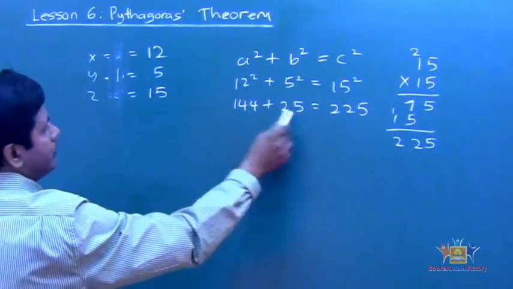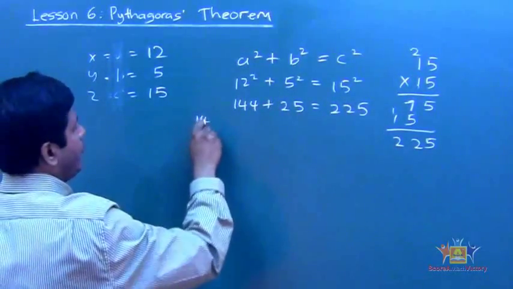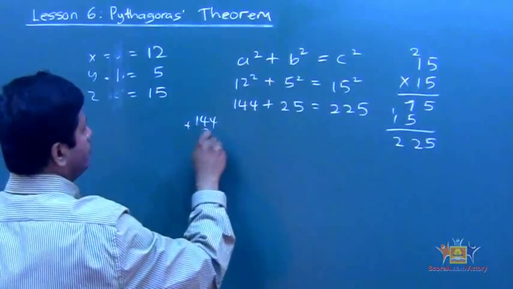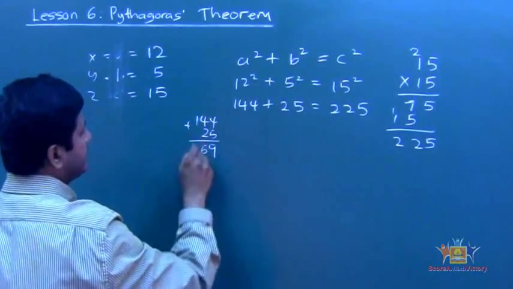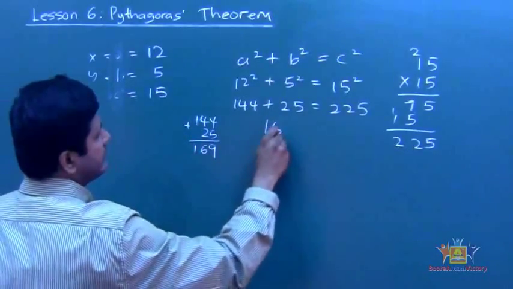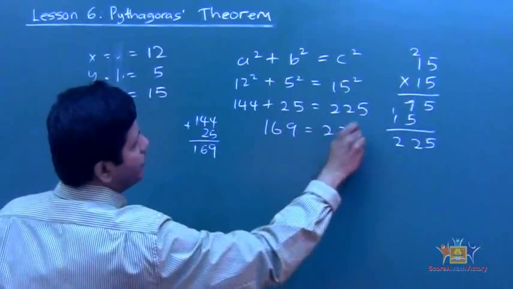Now let's add these two. 144 plus 25: 4 plus 5 is 9, 4 plus 2 is 6, and then 1. It comes to 169, and over here it becomes 225.